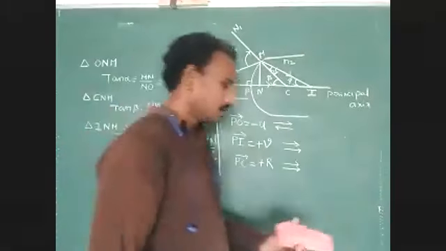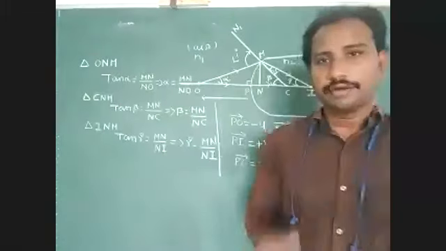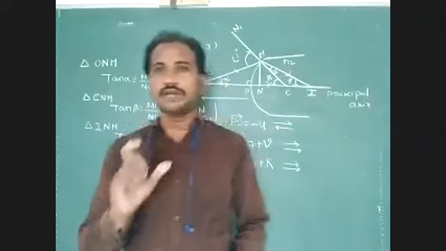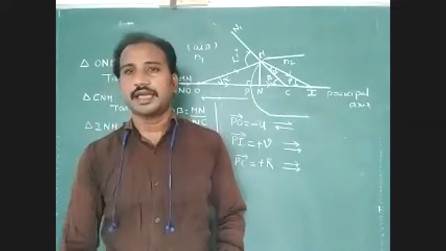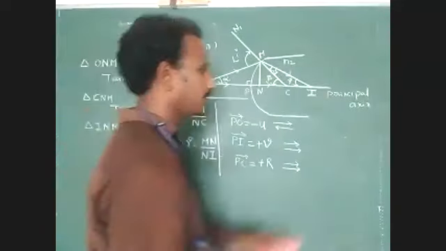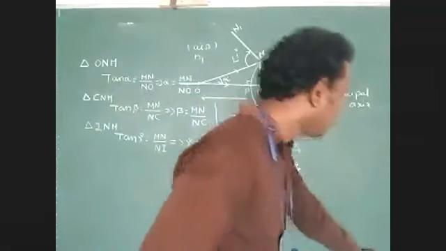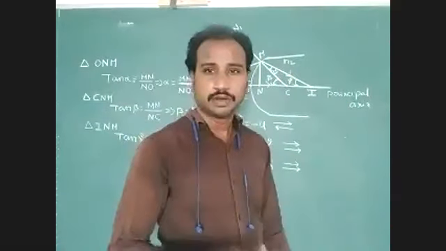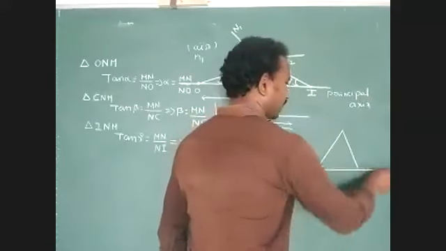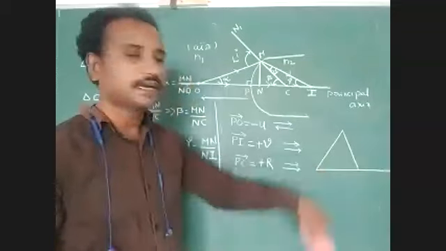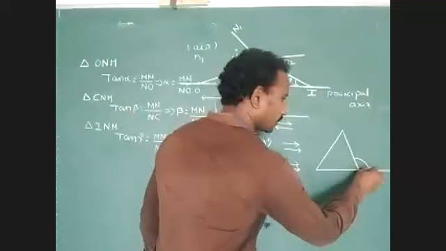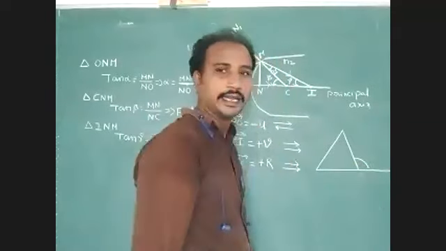Next, in mathematics, we have to use one rule: exterior angle equal to sum of opposite internal angles. This point of mathematics is explained for you. Observe it is one triangle. In this condition, which one is the exterior angle?